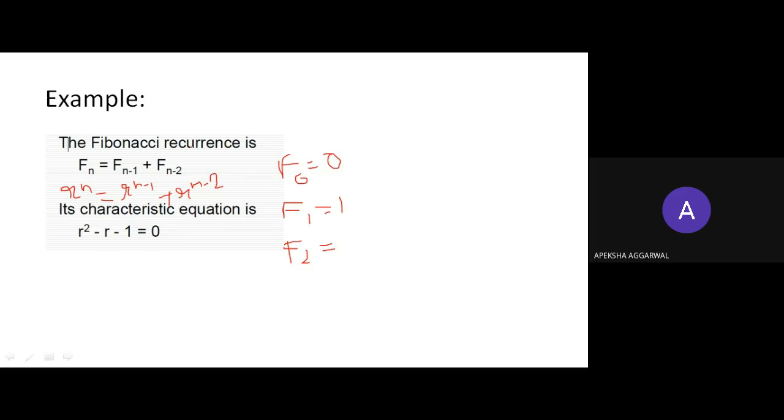You will get r square equals r plus 1, and then finally r square minus r minus 1 equals 0. And what will you get after solving this? What is the value of r?